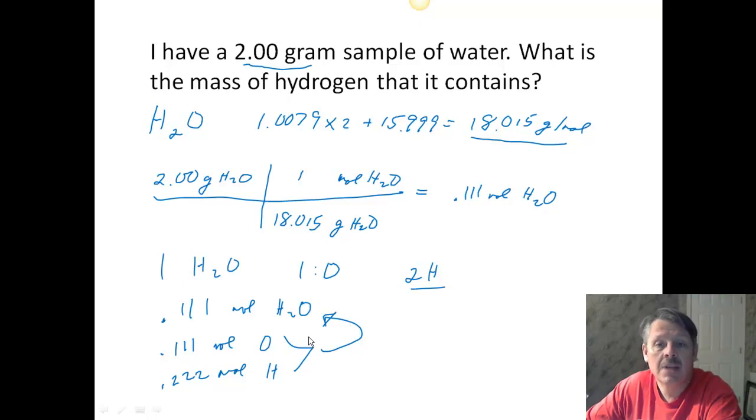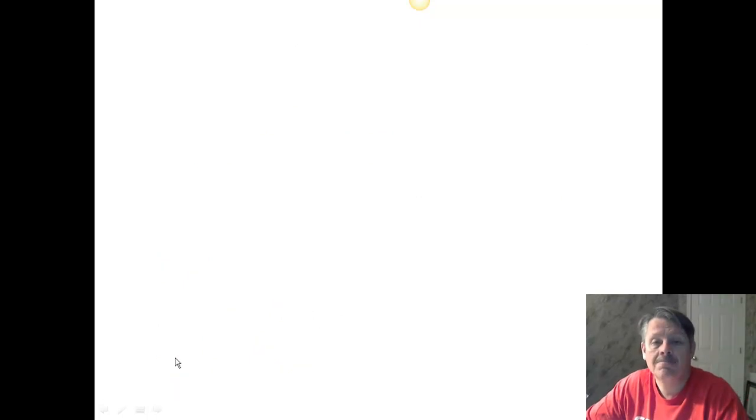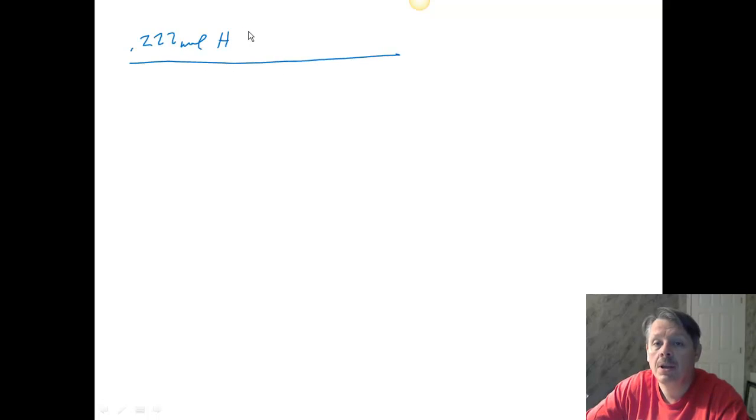Because that will allow us to figure out the mass of hydrogen. Because if we know that we have 0.222 moles of hydrogen, we should be able to figure it out. So let's try that. So we have 0.222 moles of hydrogen, and I want to figure out how much that is in mass.